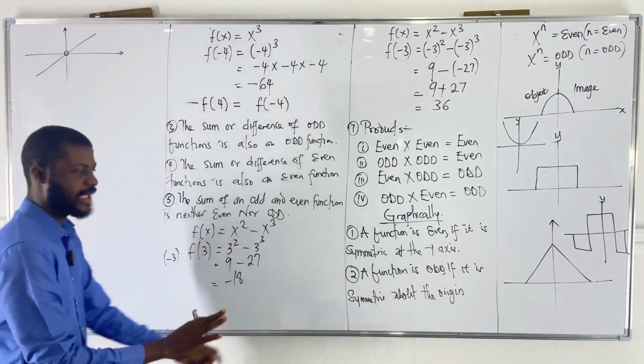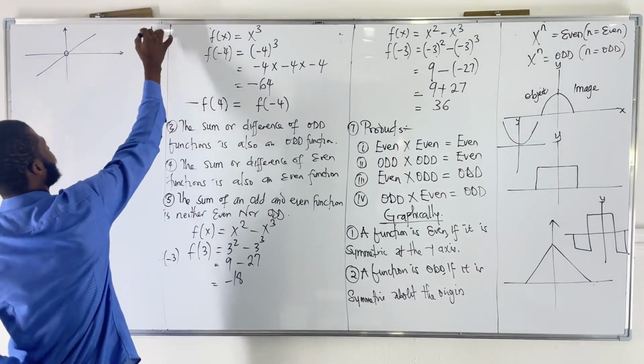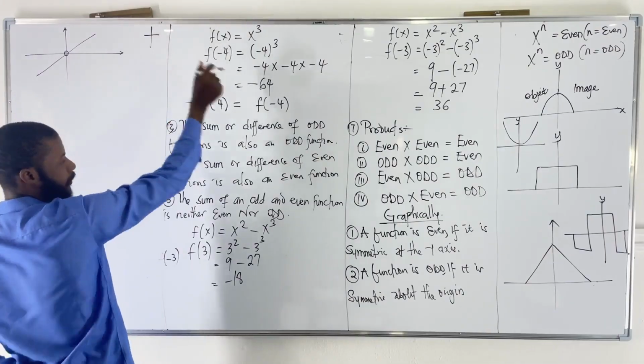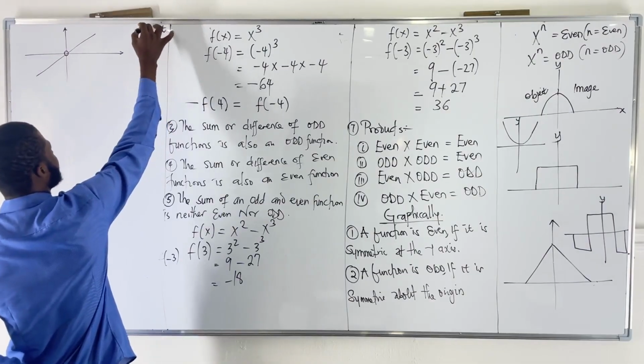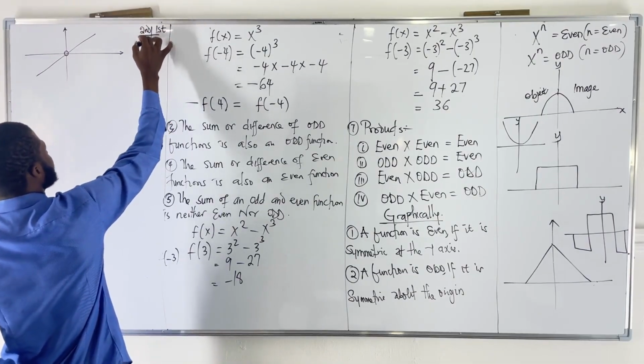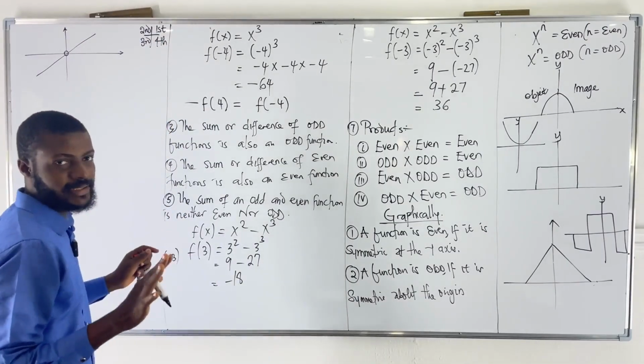Now, if you do not get this, here's how I get my answer. Every single graph we have, we normally know this is the first quadrant, this is the second quadrant, this is the third quadrant, this is the fourth quadrant. Here's what I use.